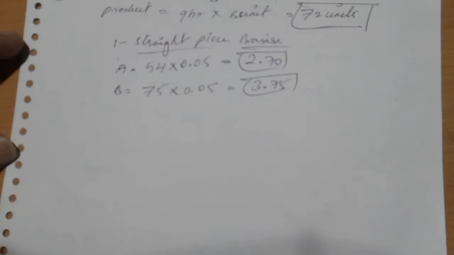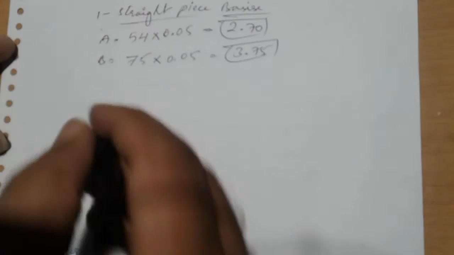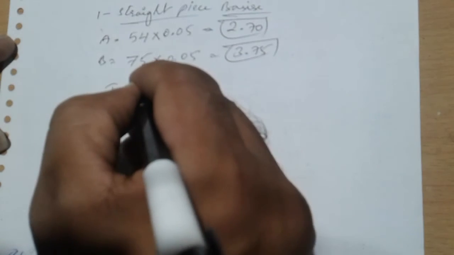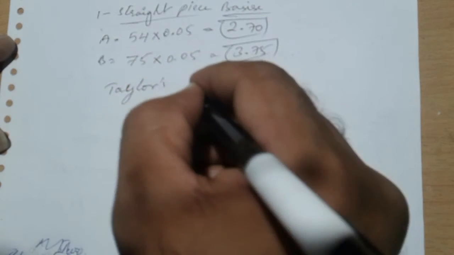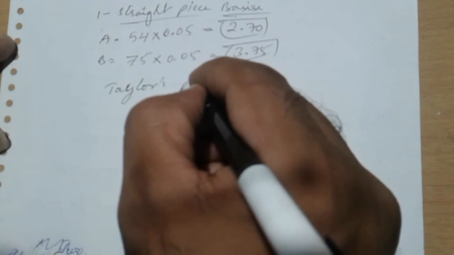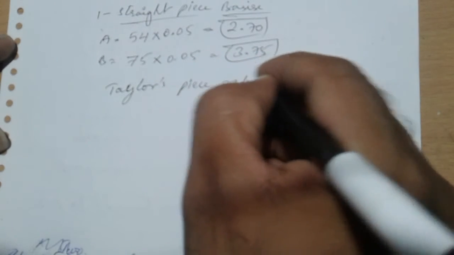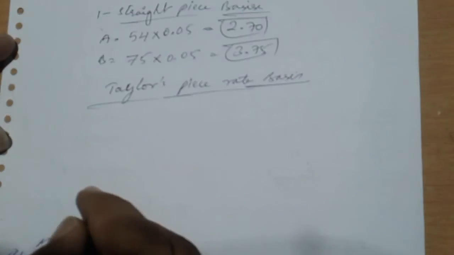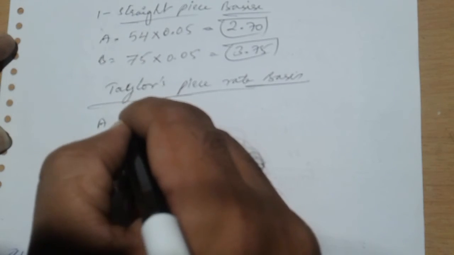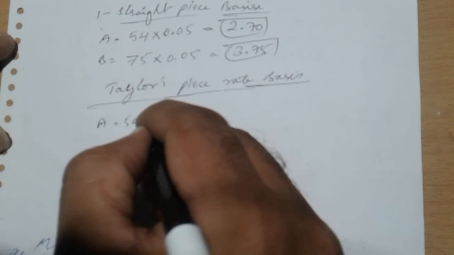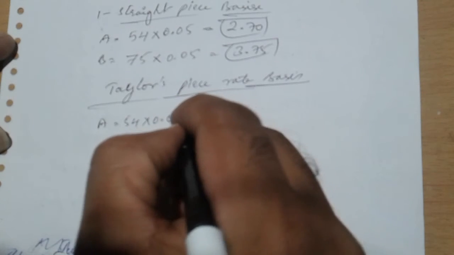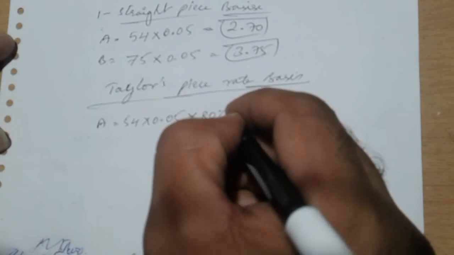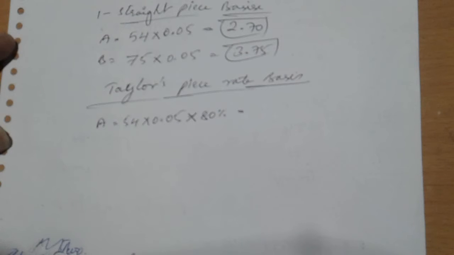Now with the Taylor differential piece rate basis. First, A: 54 into 0.05 into 80%, because he is under 72.